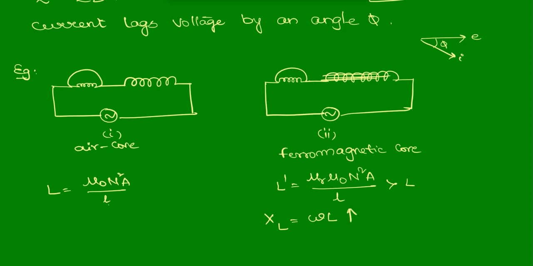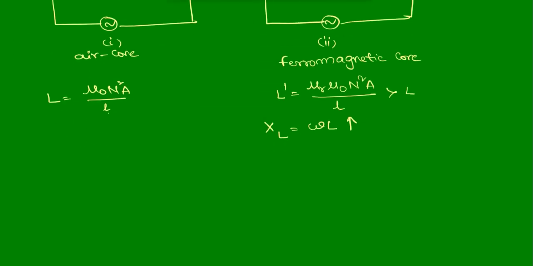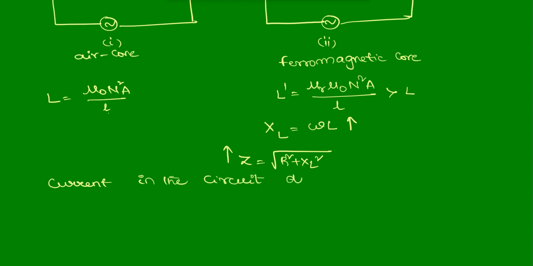If inductive reactance increases, Z in the circuit, what is the Z formula? Z will be equal to square root of R square plus XL square. As XL is increasing, Z will increase. So current in the circuit decreases, and hence brightness of the bulb decreases.